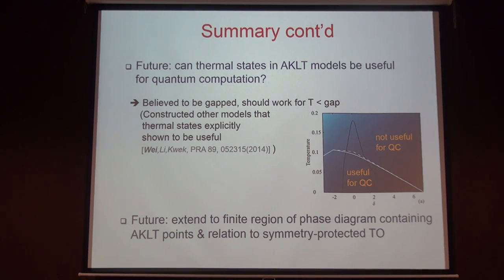I'd also like to know whether the computational power of the AKLT state is related to whether it belongs to a certain symmetry protected topological order. And more generally, in this symmetry protected topological phase, whether quantum computation can be performed similar to the AKLT.